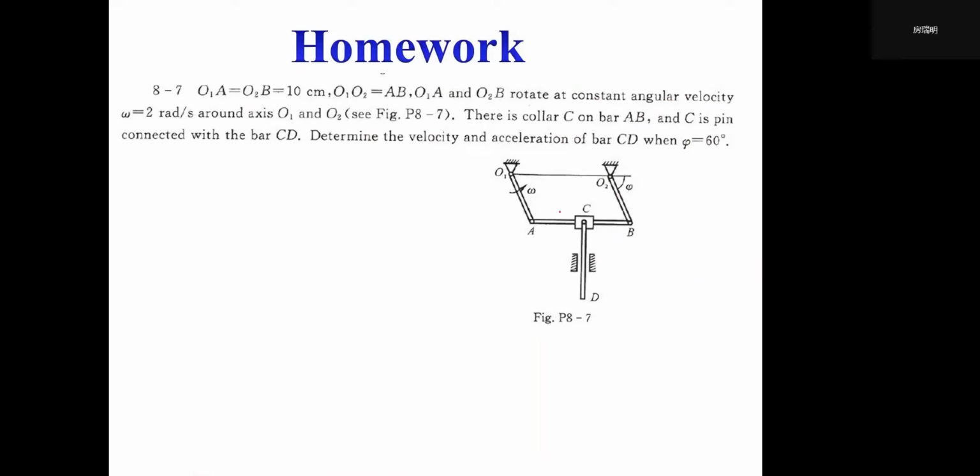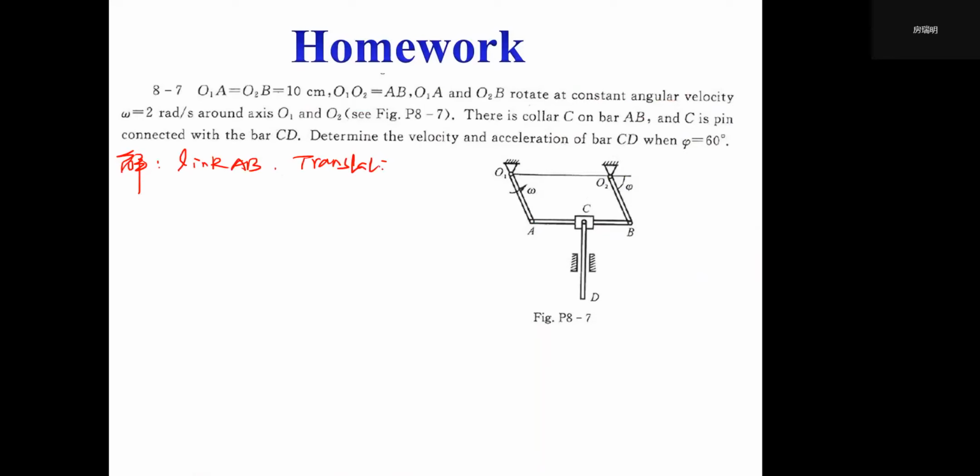That means we have a very important conclusion: because O1A equals O2B, and O1A is parallel to O2B, also O1O2 is parallel to AB, this link AB will have translational movement.